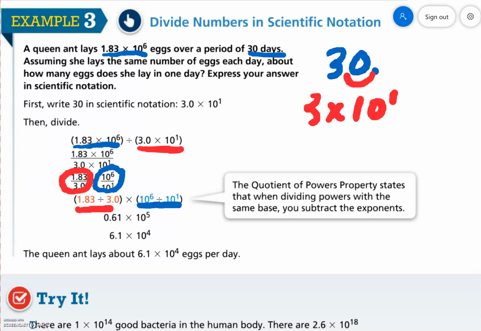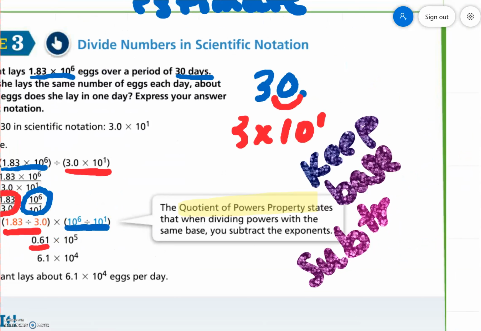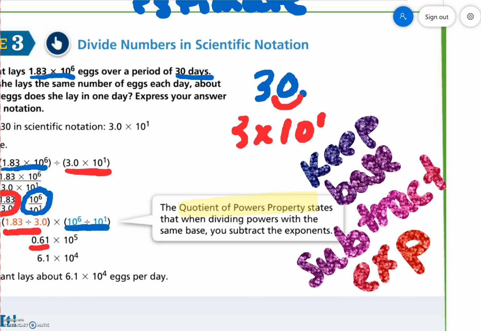And now remember your quotient of powers property that says you keep the base and subtract the exponents.